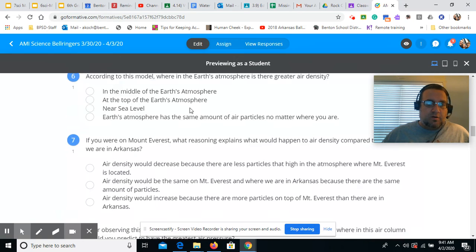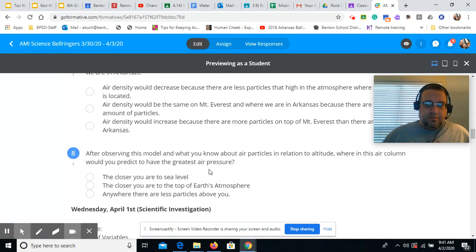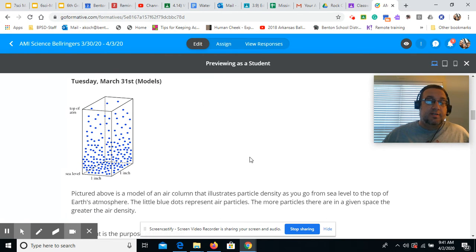All right, so we go back to the question now. Where is the air column, which is the model, where would you predict has the greatest air pressure? Remember, pressure is a consistent, constant force. That's always going. That is not pressure, that's not consistent and constant.